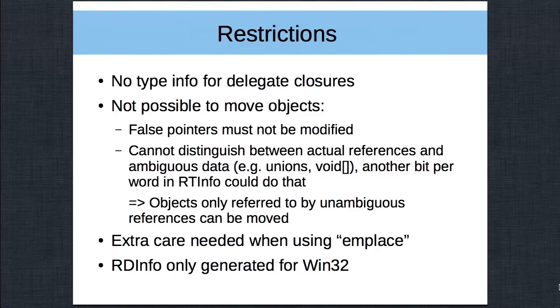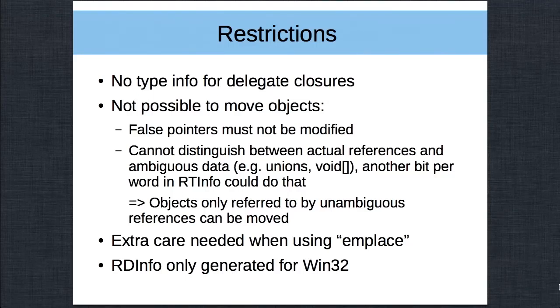So, for example, in the case of a union, it's just the binary OR of the bitmaps of the members of the union, or a void array, which can have anything. So this could be added with another bit in this information, and then some objects could be moved. But I'm not sure that is desirable.